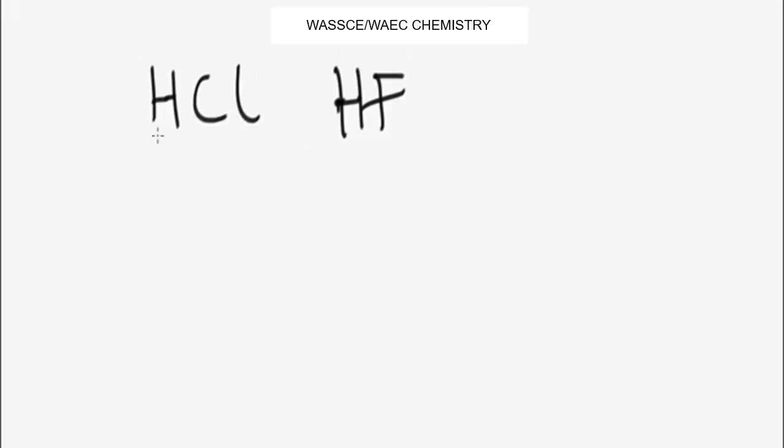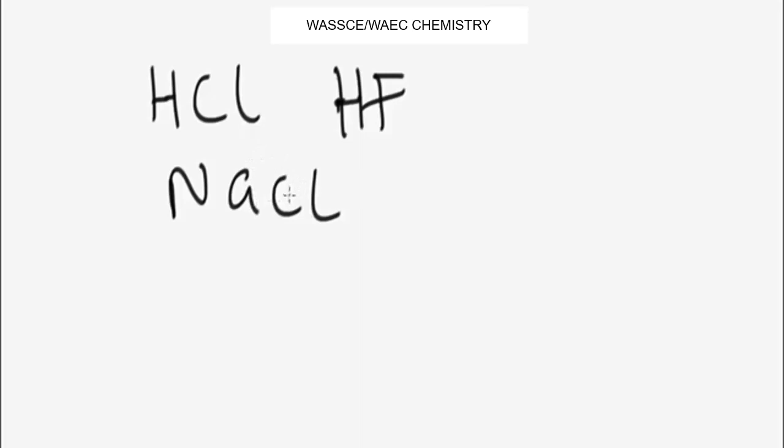Now another reactivity of group 7 elements you need to know is that group 7 elements, or halogens, form ionic bonds with metals. Now this is very, very important. A typical example is sodium chloride.